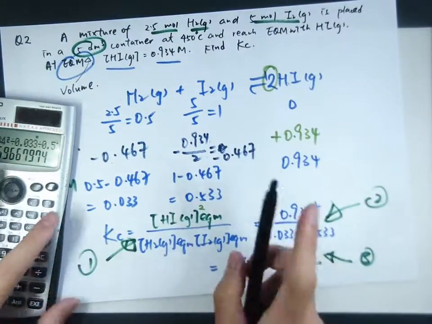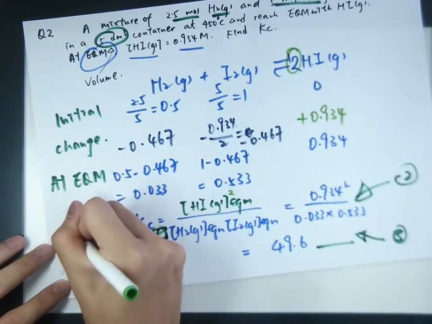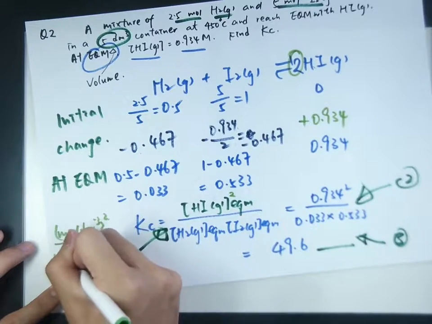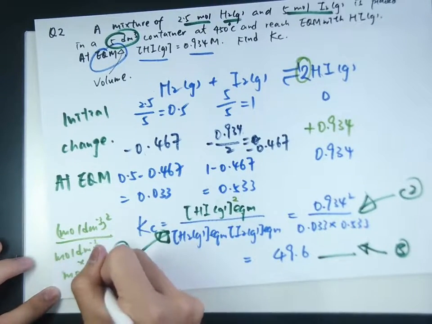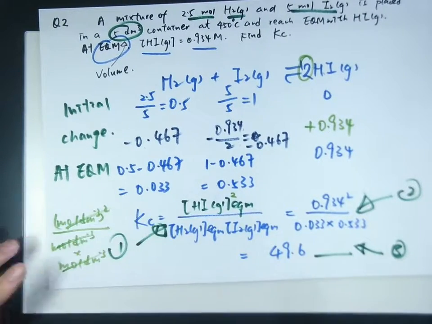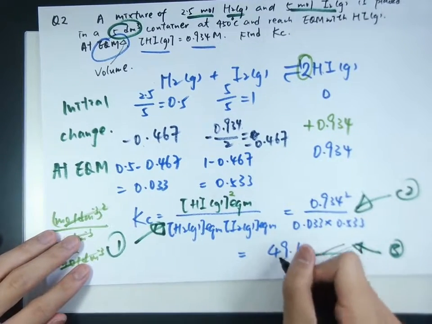Because the numerator would be mole per dm cube squared over mole per dm cube times mole per dm cube. So we don't have any unit. Okay, no unit. So the answer would be 49.6, and that's it.